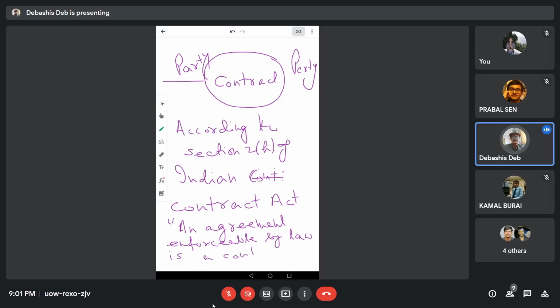It is written in the Indian Contract Act: an agreement enforceable by law is a contract.